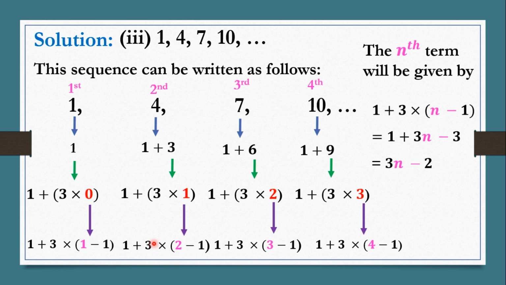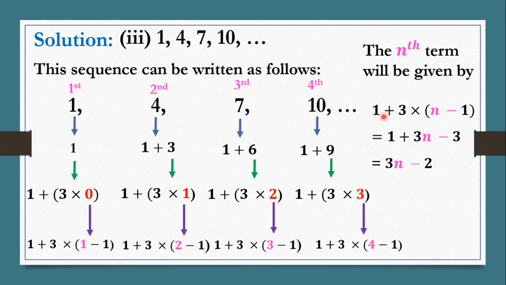I'm just following the pattern that we have obtained here in the last row, and I'm trying to rewrite the nth term of the sequence in the same form. So 1 plus 3 times n minus 1. Because remember, when I had first term, it was 1. Second term, it was 2. Third term, it was 3. So when I have nth term, it's going to be n.